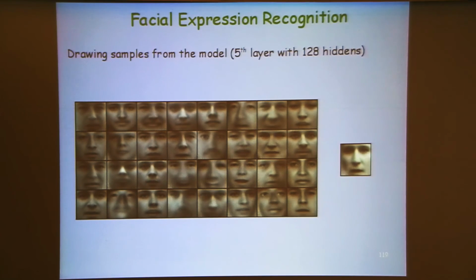So every frame is a sample from the Gibbs sampler. And you can see that by sampling on the very top and projecting down in image space, you smoothly transition from one face to another with different lighting condition, different expression. And it's nice to see how it morphs from one individual to another.